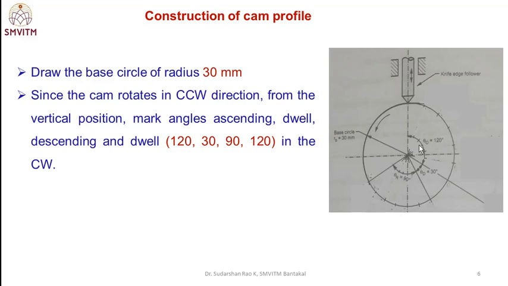If the cam rotates in the anti-clockwise direction, the angles should be marked in the clockwise direction. If the cam rotates in the clockwise direction, mark the angles in the anti-clockwise direction, opposite.